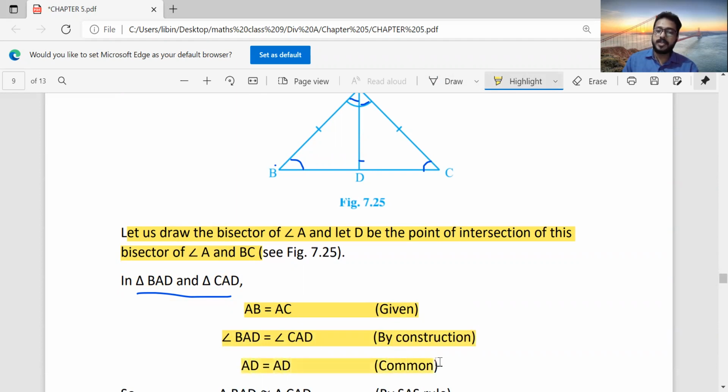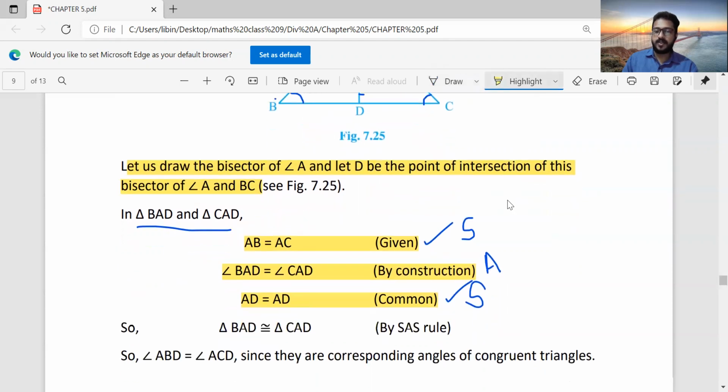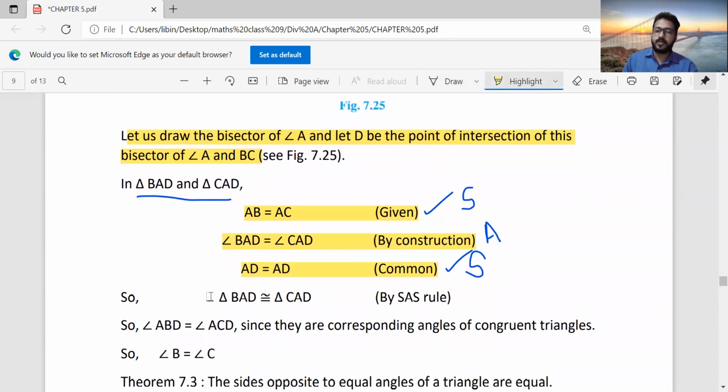Then AD is the common side. How many sides have we considered? Two sides, and one angle. So we are using SAS congruence. By the SAS rule, triangle BAD is congruent to triangle CAD.